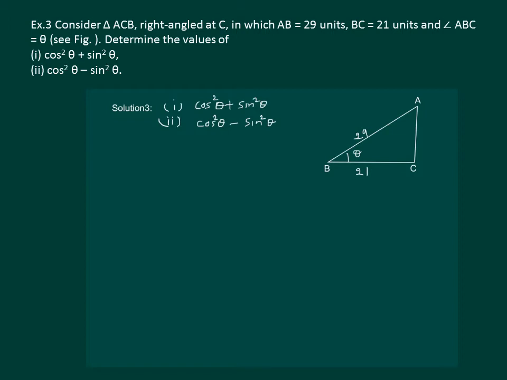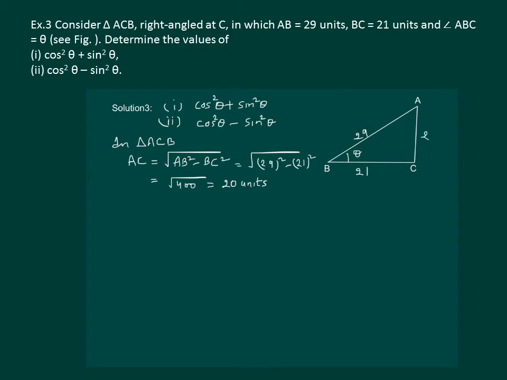So let us start by finding sin theta and cos theta first. Using Pythagoras theorem, we know that AC equal to under root of AB square minus BC square. Substitute the values. We have 29 whole square minus 21 whole square under root. This will give us under root of 400, that is 20 units.